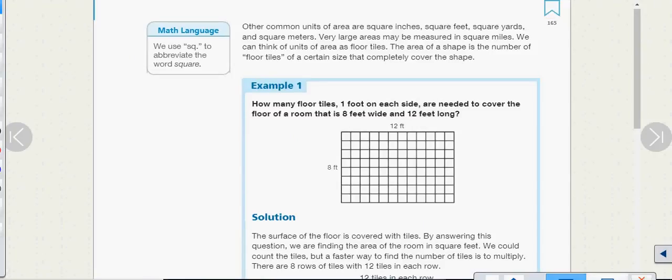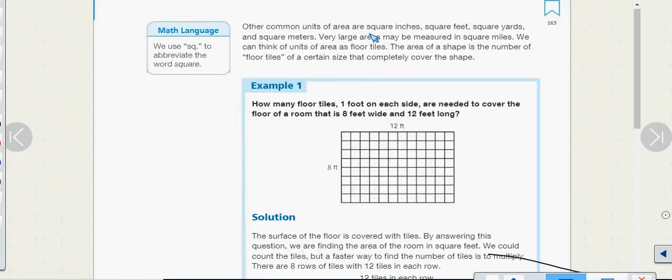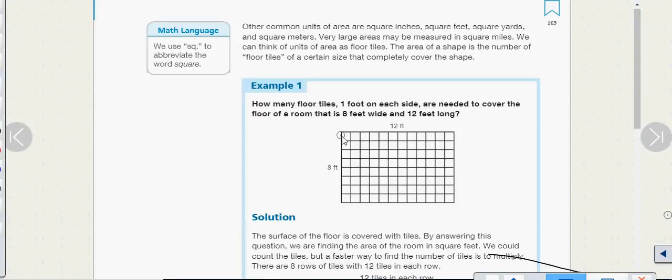A good way to visualize everything we're talking about right now is to actually block out what the squares look like. I've got 12 of these feet across, 1, 2, 3, 4, and so on till 12, and 8 down.